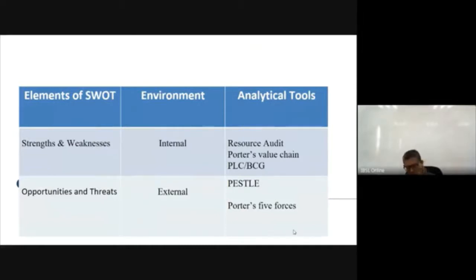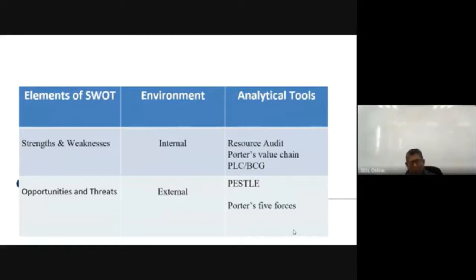Now we look at what analytical tools are available for identifying the organization's internal strengths and weaknesses.